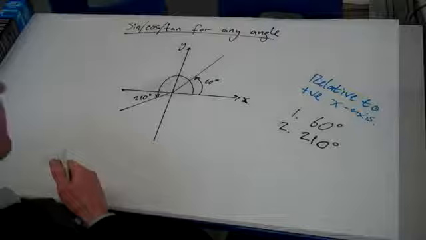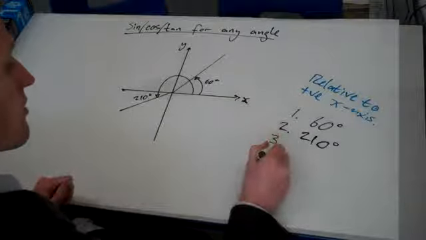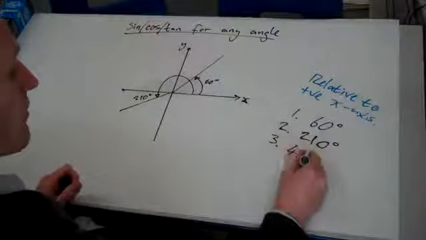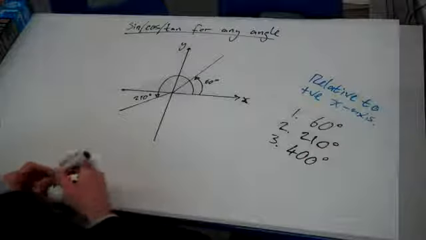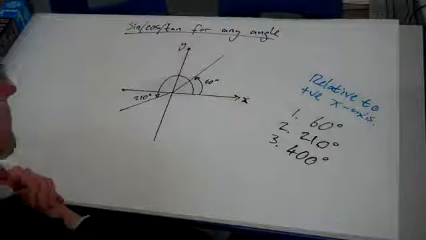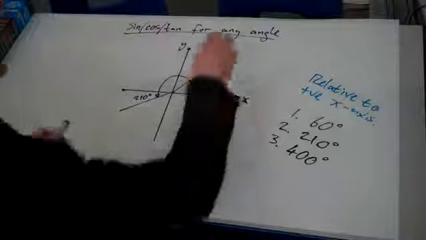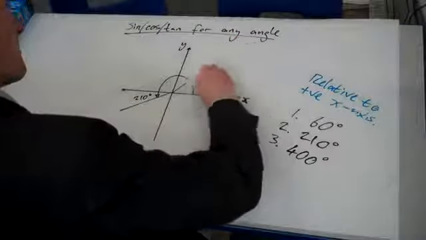It's all pretty clear. What we're going to think about now is how we would represent an angle of 400 degrees on here. Okay, so shall we wipe these off just so it's as clear as we can make it.